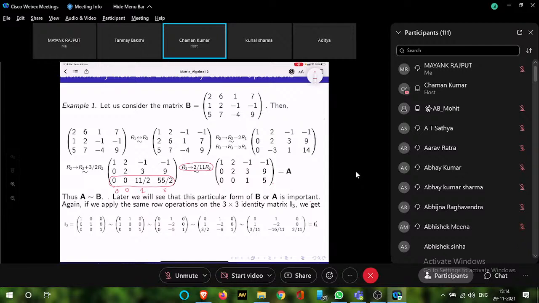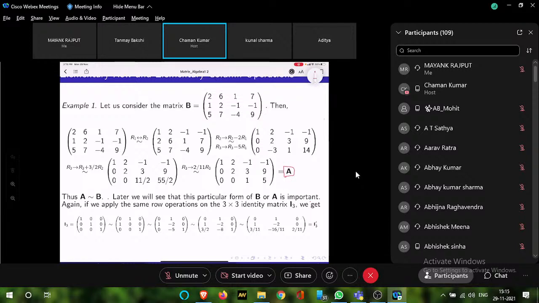So your third row in the new matrix is 0, 0, 1, 5. Is this okay? So finally, after all these operations, you get a matrix and denote this matrix by A.